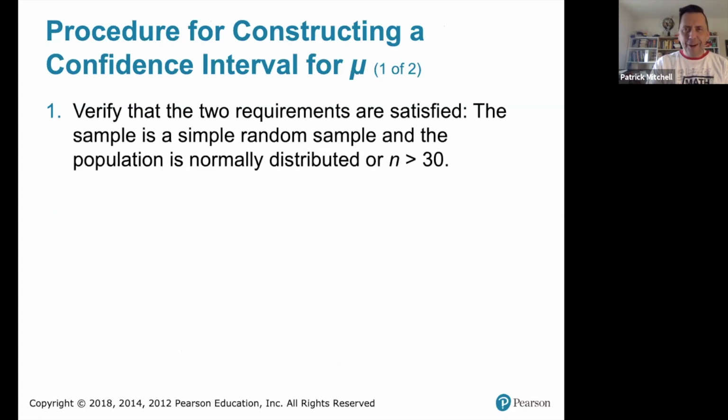All right, so we're getting to examples here pretty soon. First, the steps for constructing a confidence interval for mu. First, you want to verify that the two requirements are satisfied: that your sample is a simple random sample, and your original population is either normally distributed or the samples are large, at least 30.